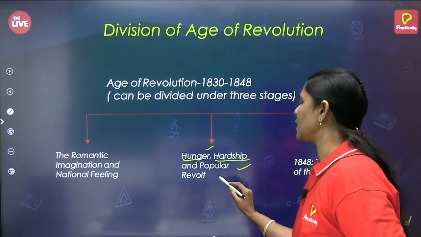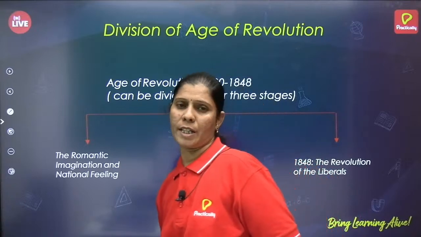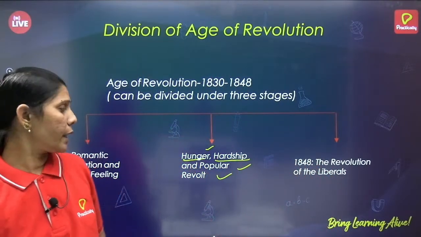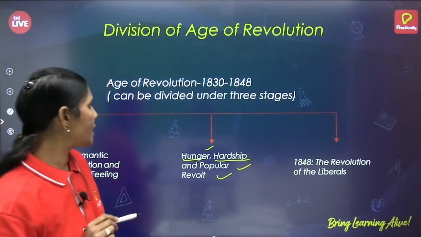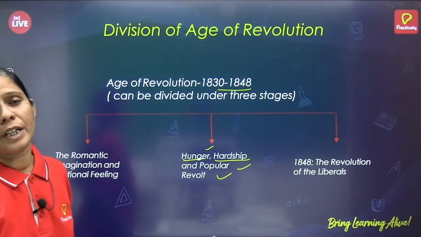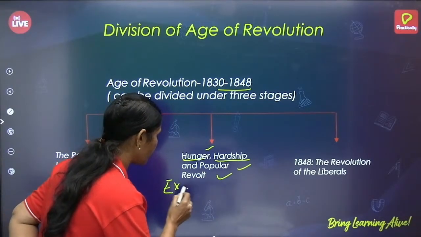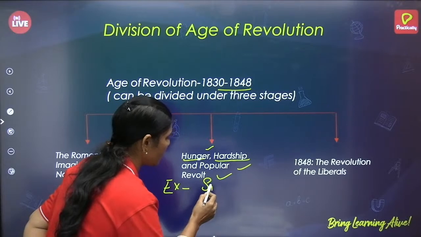Revolt in the sense they fight against the people who are dominating them. Through hunger and hardship, during the 1830s to 1840s, there were some revolts. One example is the situation at Silesia.